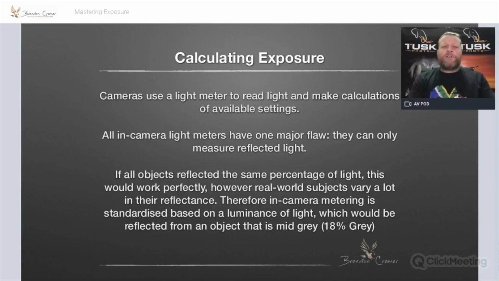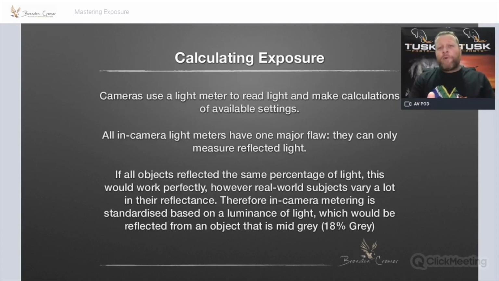In other words, every color within the entire spectrum, if we just use our RGB color values to start off with, our red, green, and blue, there is an 18% version of each one of those that reflects 18% luminance. So depending on how bright or how dark it is, it reflects a certain amount of luminance. So our cameras are built to be standardized at about 18% luminance.